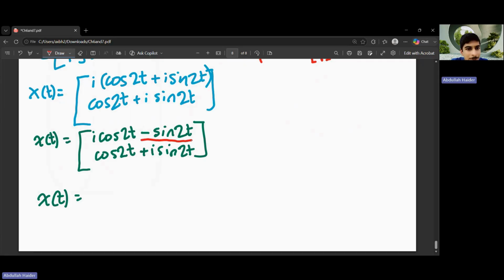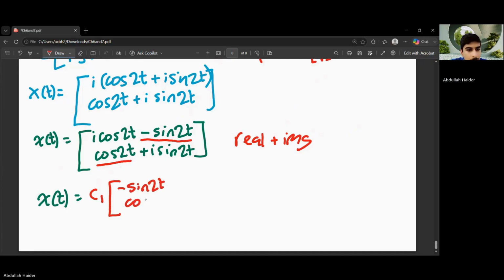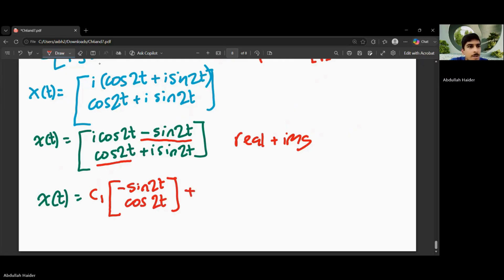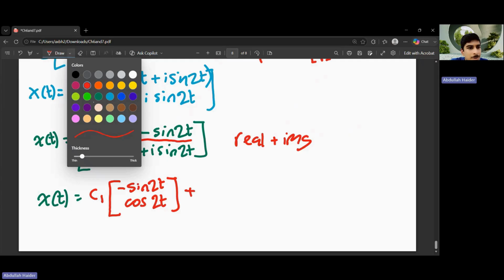This is your real part, minus sine 2t and cosine 2t. We introduce new constants this time: C1 times the real part, minus sine 2t, cosine 2t, plus the imaginary part.